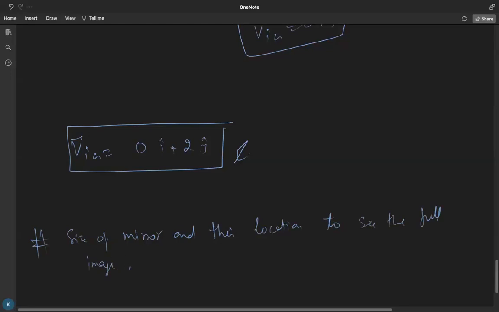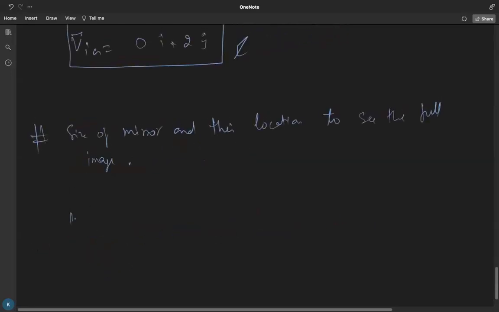The minimum size required is half of the height of the object.